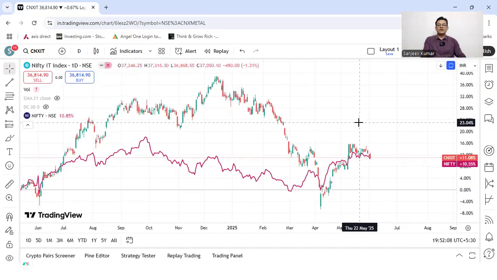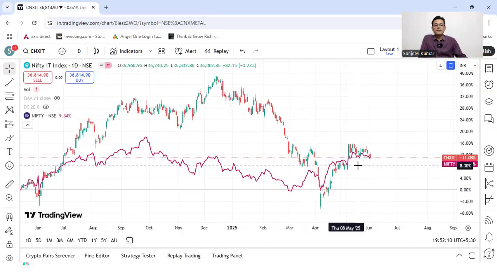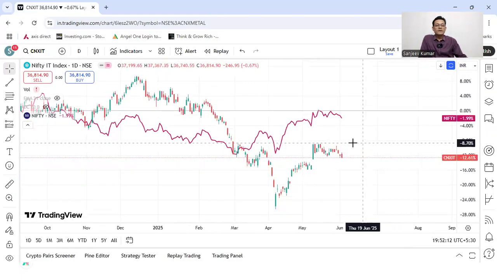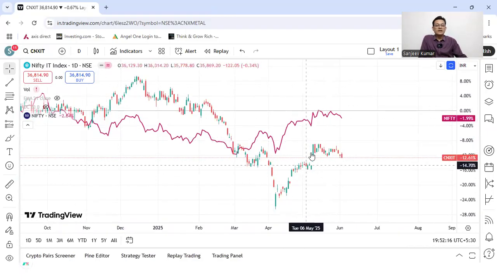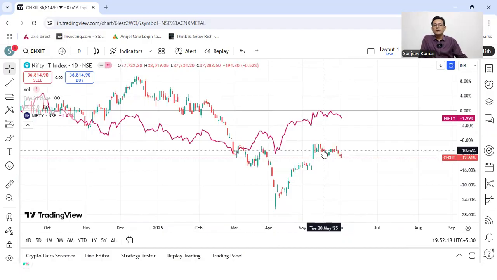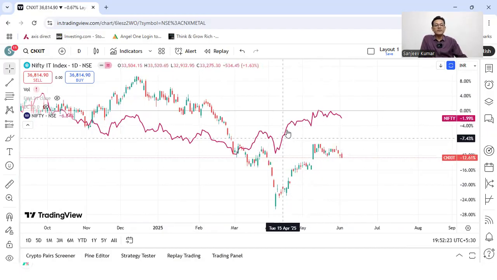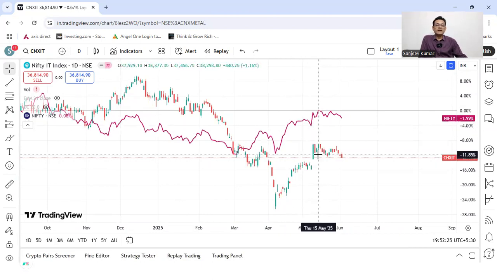You can see here, this is the candle of Nifty IT, and this line is for Nifty 50. It means Nifty IT has underperformed the market.